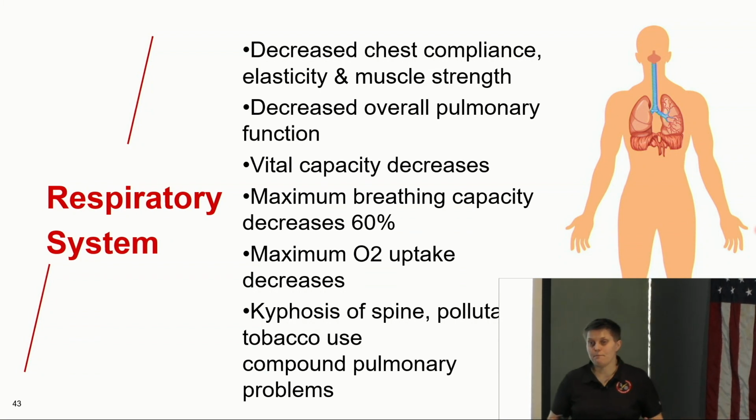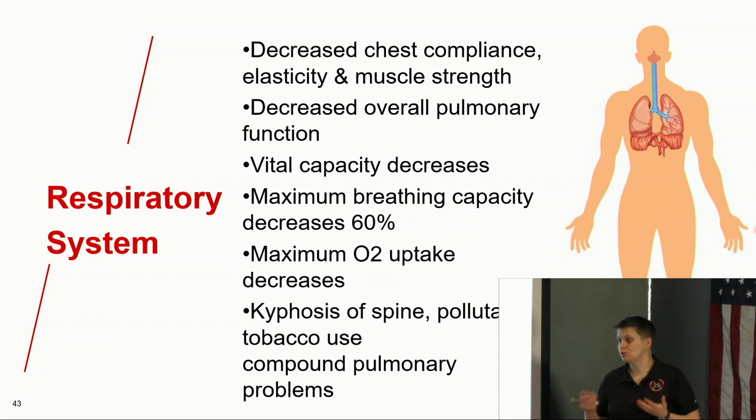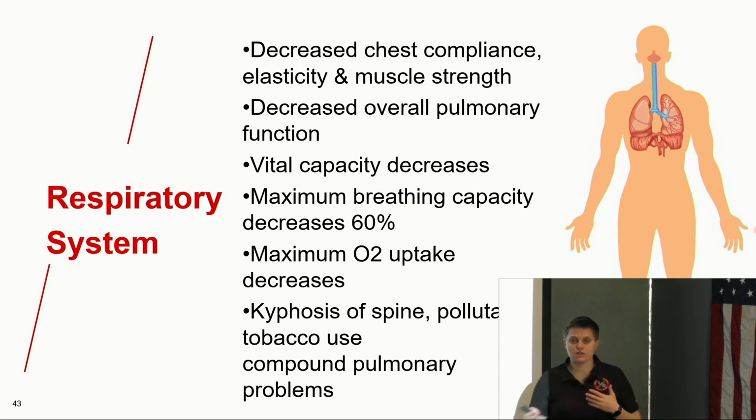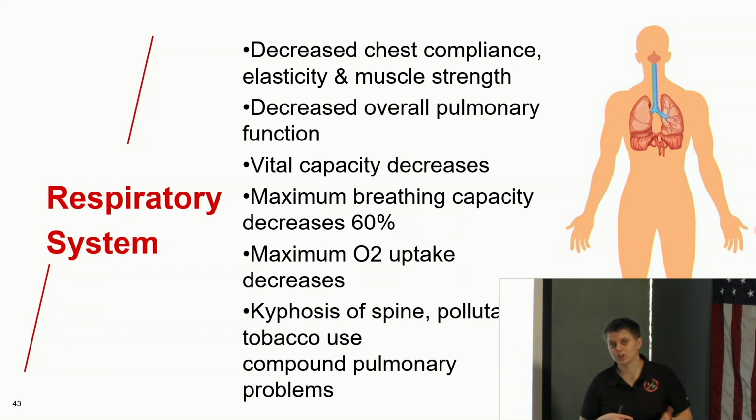Our ability to maximally take up oxygen from the environment decreases, so we can't use the oxygen that we are getting as well. And then lots of other individual issues can affect underlying breathing issues. So kyphosis can restrict the lung volumes, pollutants, tobacco use, all of these things will impact our pulmonary function.